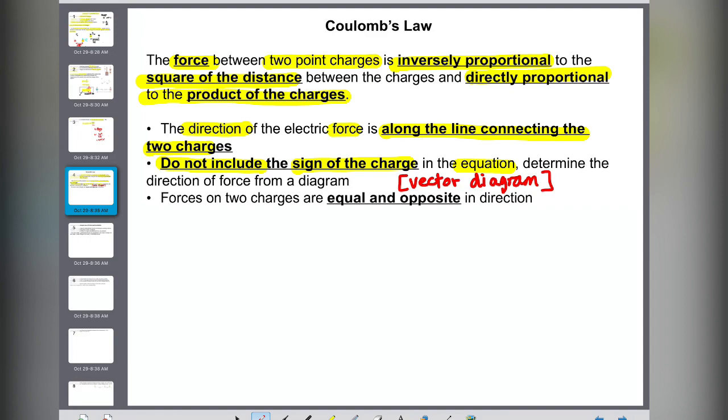Okay, so let's just talk about this again. I know the equation is Fe is k Q1 Q2 over r squared. If I have something that's a plus and something that's a minus, and I tell you Q1 is whatever value and Q2 is whatever value, when I put it into the force equation, I would not put Q2 as negative 5 coulombs.